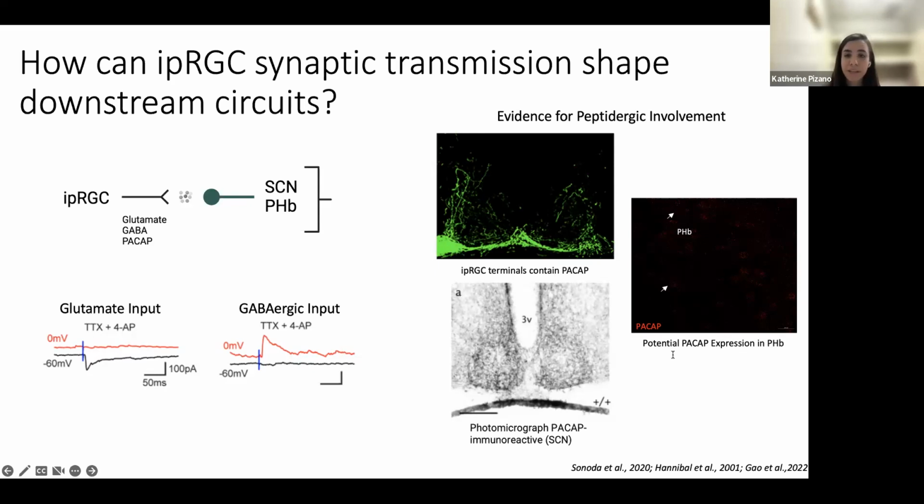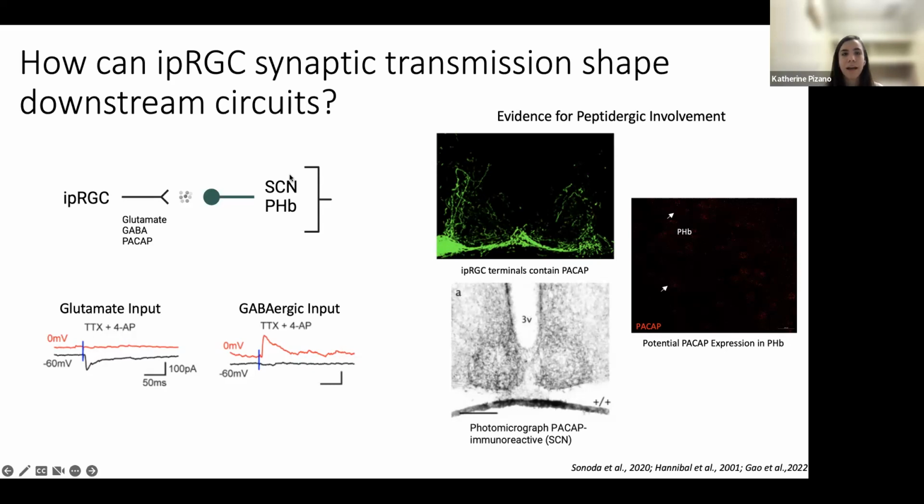And this is surprising because PACAP is found in large quantities within the SCN, both in presynaptic ipRGC fibers, as this figure above shows, as well as diffused throughout the region, as shown in the bottom left figure. What's more, PACAP could also be integral in shaping responses in other ipRGC projection regions, like the PHb, where there seems to also be some sparse labeling of the peptide.